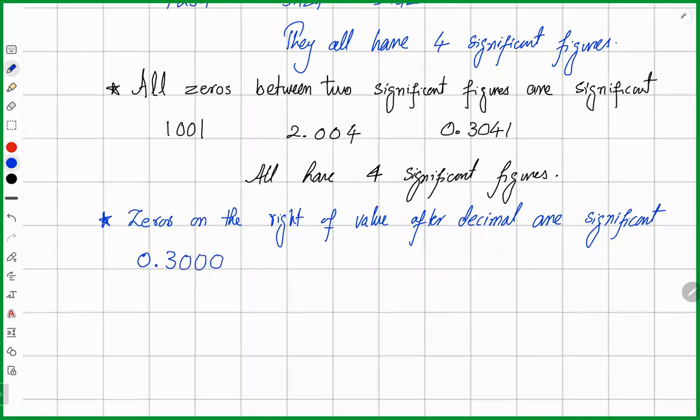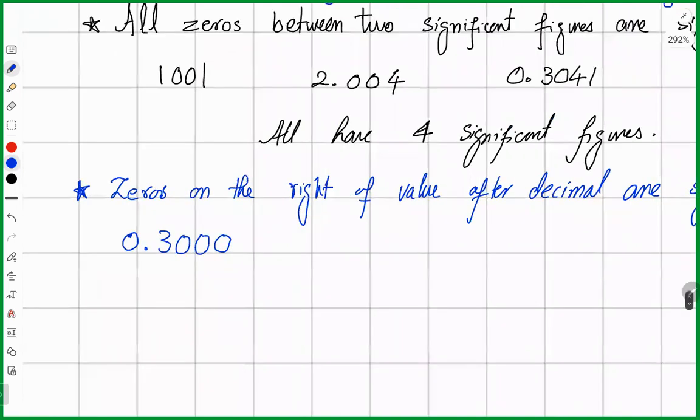Now, this is where the math students don't buy that, because math students think that 0.3 is the same as 0.3000. So they think that these zeros are not important.